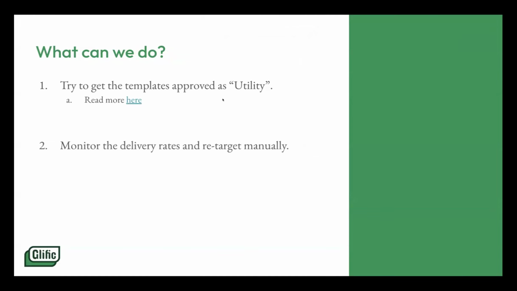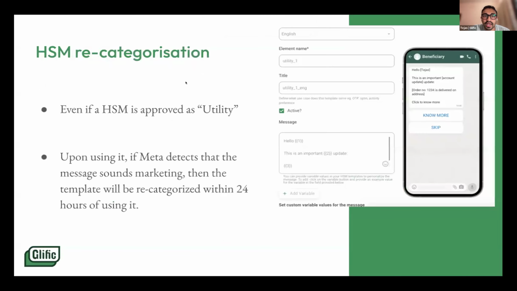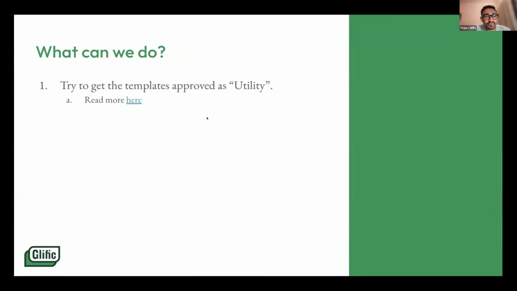Cool. So this brings us to what we can do here, and one of the things is to try to get templates approved as utility. One of the hacks we had earlier thought of was to use variables, keep these variables, and plug in keywords like update and reminder, and then you can use the body in almost any way you want.